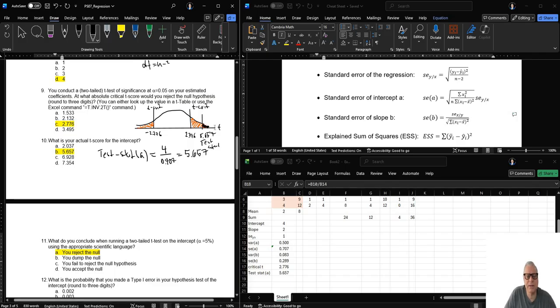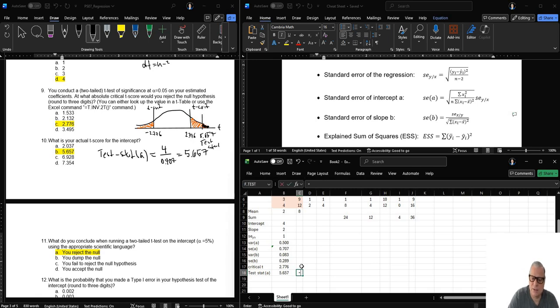What's the probability to the right of 5.657 or to the left of negative 5.657? Now we need to multiply that times 2 because it's a two-tailed test. The way to do this is we can use the command T.DIST, and then I want the area to the left of 5.657, so I put a negative in front.